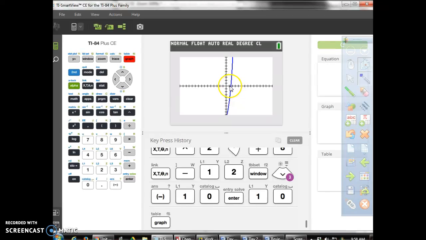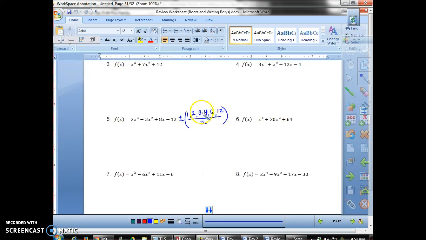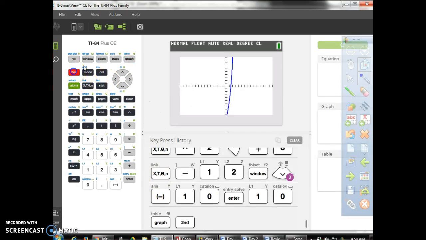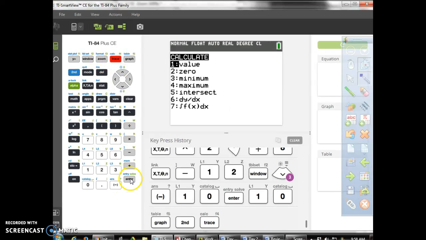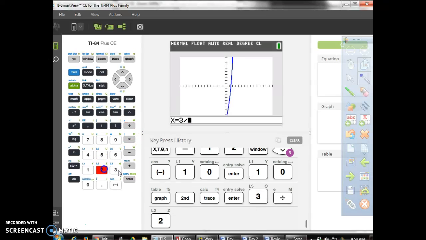Maybe 3/2. I think that was on our list. So yes, 3/2, which is 1 1/2. Okay, so what I'm going to do is see if that will work for me. So second, calc, press enter to test a value, and I'm just going to do 3 divided by 2. And yes, it's a root. So 3/2 is a root.